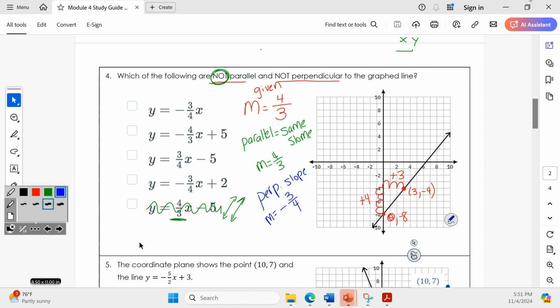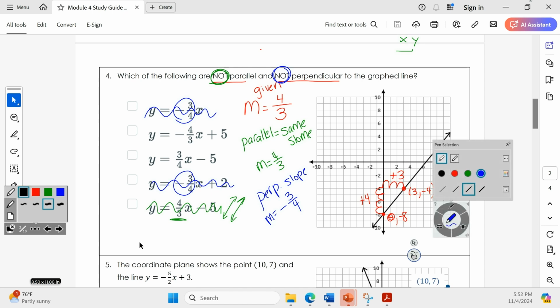So the slope of my perpendicular line would be negative 3/4, which is right here and right here. So I can cross those two equations out as well, because again, we're looking for the ones that are not parallel and not perpendicular. So that means that my correct answers are this one, negative 4/3 x plus 5, and 3/4.